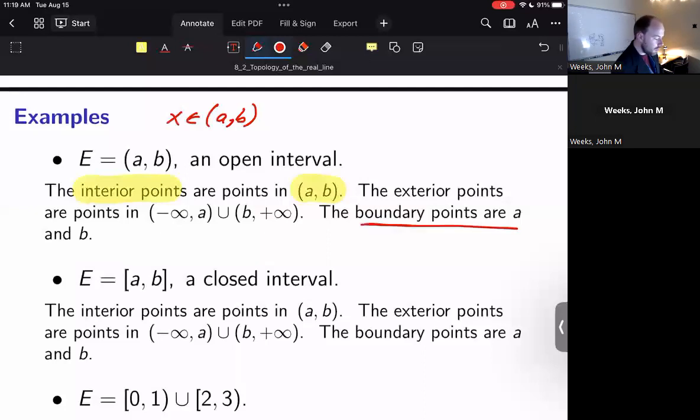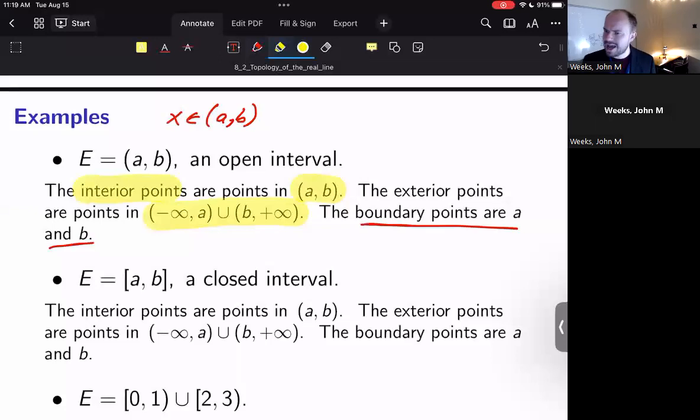In fact, those are the only boundary points of this set. If you took open intervals around the points A or B, you would get some points in and some points outside of our set. Now, everything else is an exterior point. All of the points outside of the closed interval going from A to B are going to be our exterior points. So that helps classify all of these points.